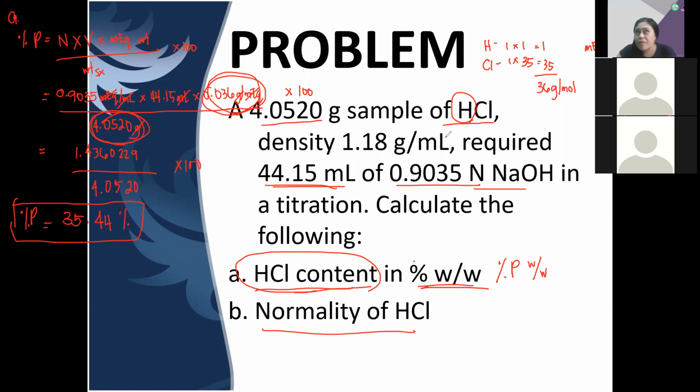So if the problem is asking for the percent purity or the content of something, this is what we do. We do titration. And our formula is this one. For direct titration, percent purity is equal to normality times volume times milliequivalent weight divided by weight of the sample.